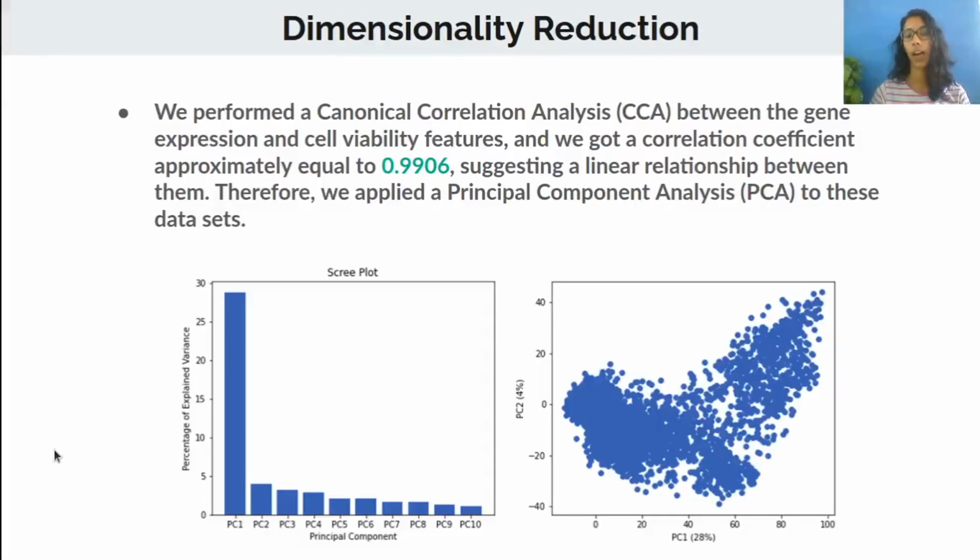Due to the high number of features, we ran a canonical correlation analysis and saw that the apparent linear relationship between gene expression and cell viability features allowed for principal component analysis. With the PCA, we saw a component that explained about 27% of the variance and others that explained less than 5% of the variance.